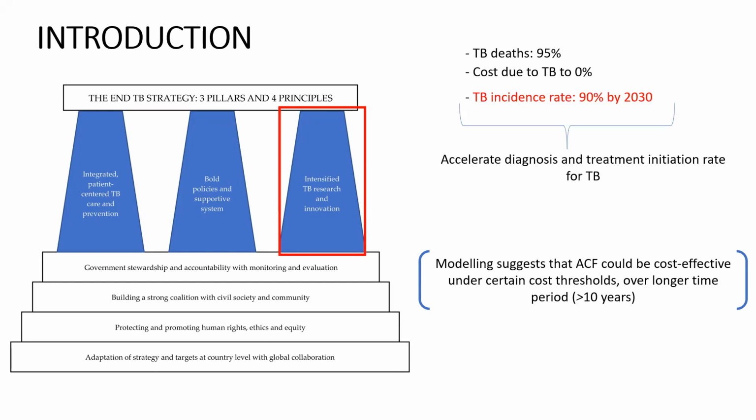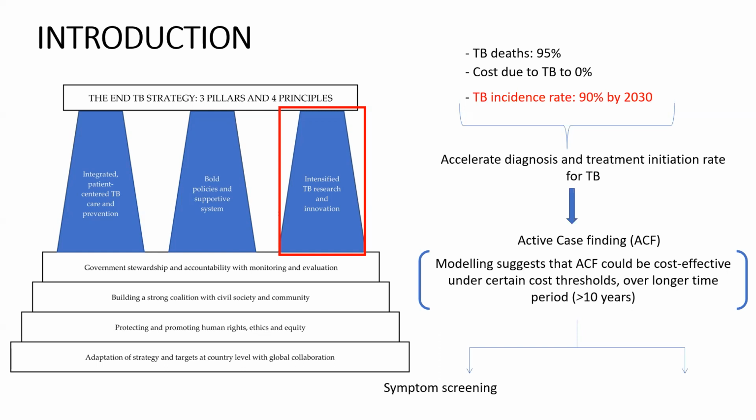With this, they wanted to accelerate diagnosis and treatment initiation rate for TB, which will be done through active case finding intervention, where modeling comes in. They say that modeling suggests that active case finding should be cost effective under a certain cost threshold over a longer period of time.